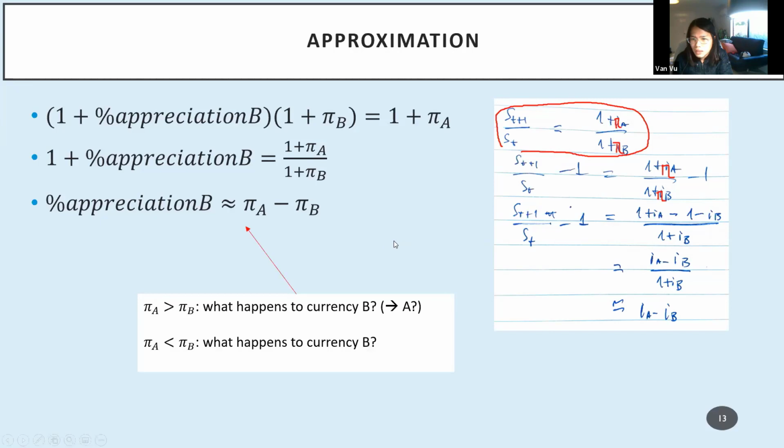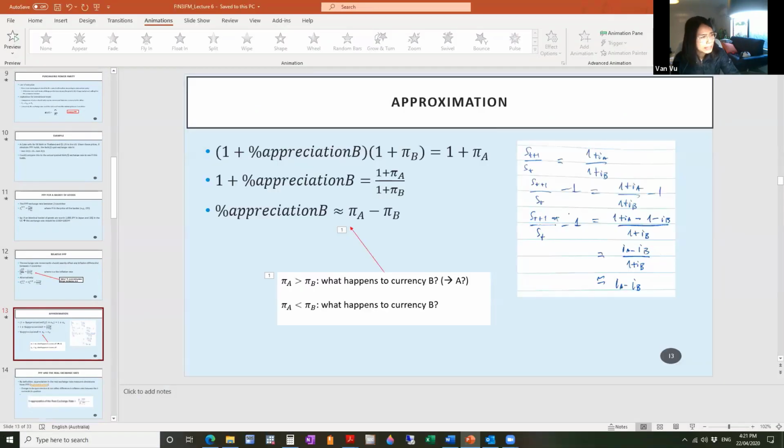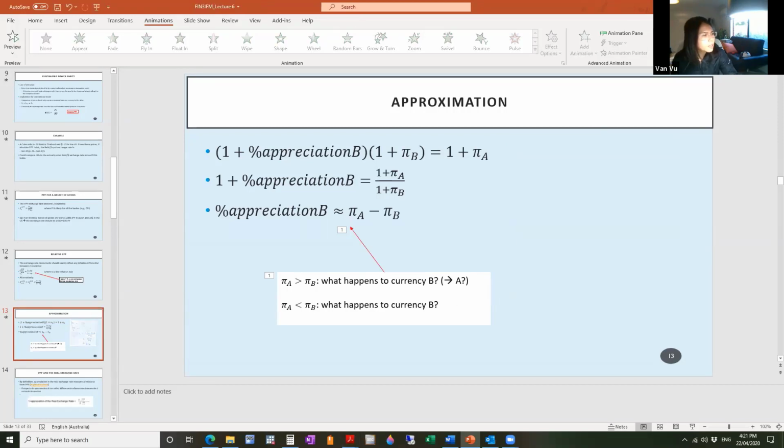Give me 1 second, guys. I think I copied the wrong note. Just a second. All right, here we go. This is the correct one. I'm going to just delete this and I'm going to copy the right one here. Here we go.